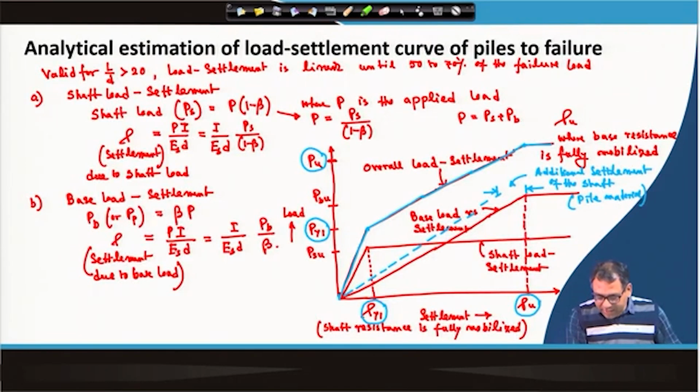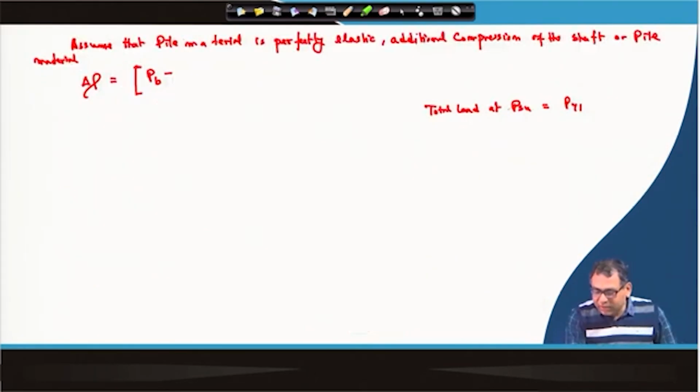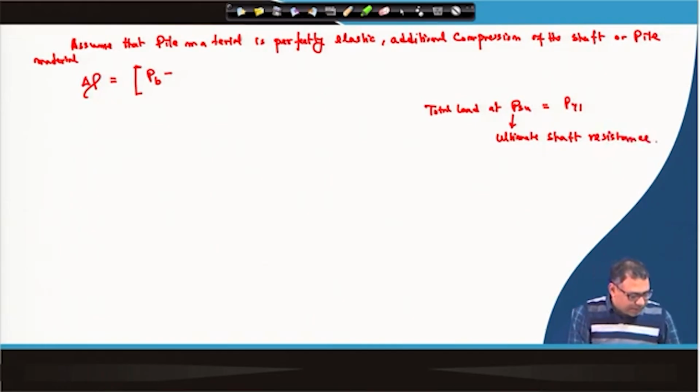When the ultimate shaft resistance is PSU, in that case the total load is P y 1. PSU means ultimate shaft resistance. So I can write that during this, the total load is P y 1.